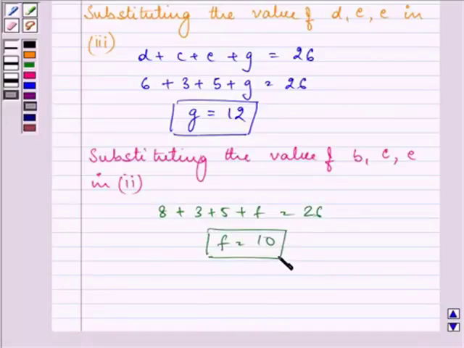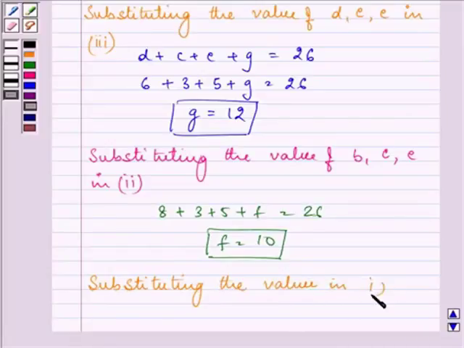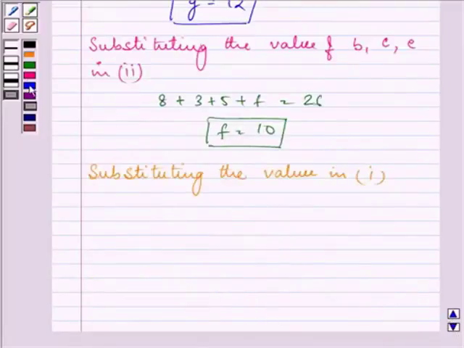Now we're left with finding out the value of A. So on substituting the values in the first equation, we have 8 plus 3 plus 6 plus A is equal to 25.